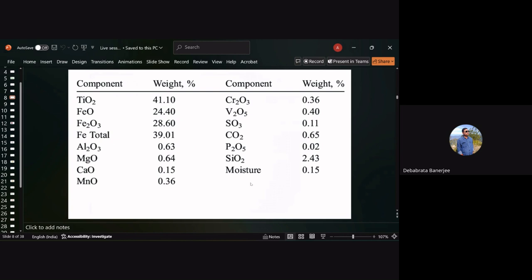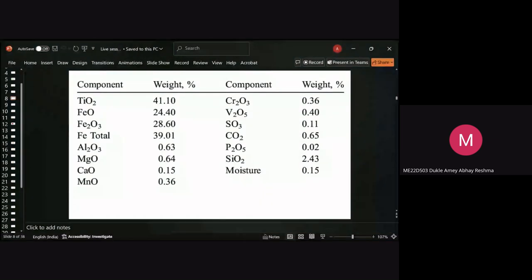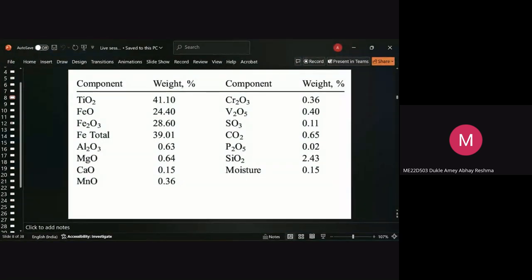Now we are using it, and ilmenite is a very good source. It is not a very cost effective method, since you're getting only 41% titanium dioxide. If you go with ferrite, you'll get 83 to 90% iron, so it becomes much cheaper to extract. In titanium's case, a lot of wastage will happen.